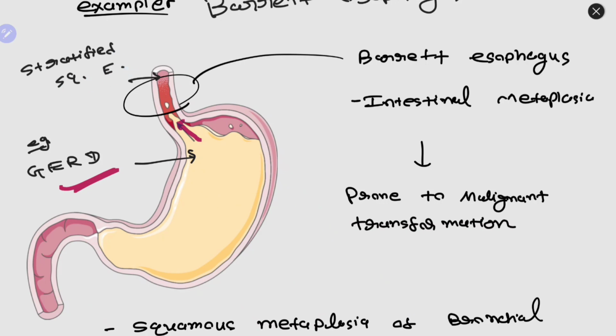But this stratified squamous epithelium is very sensitive to acid. When this regurgitation of acid happens chronically, the esophagus thinks, I don't want to get bullied by this acid so many times. So it will change the stratified squamous epithelium to intestinal epithelium.